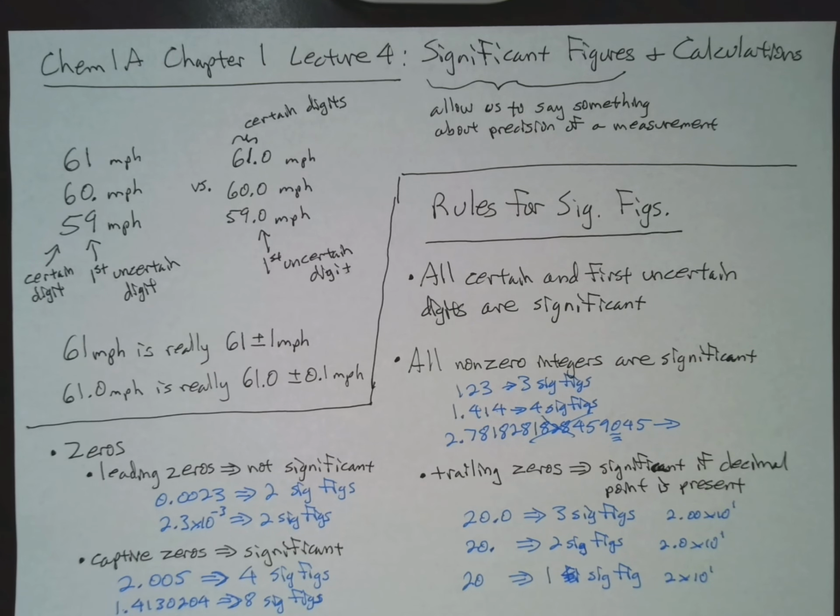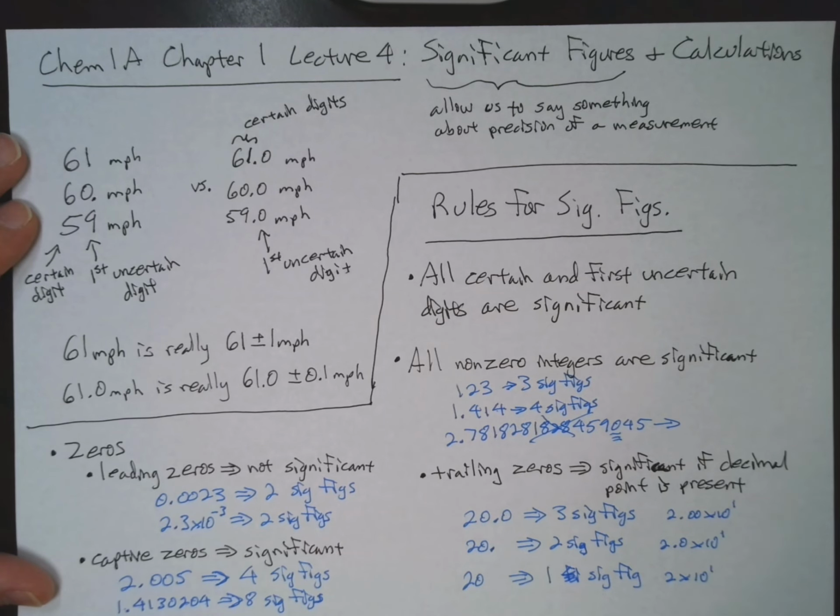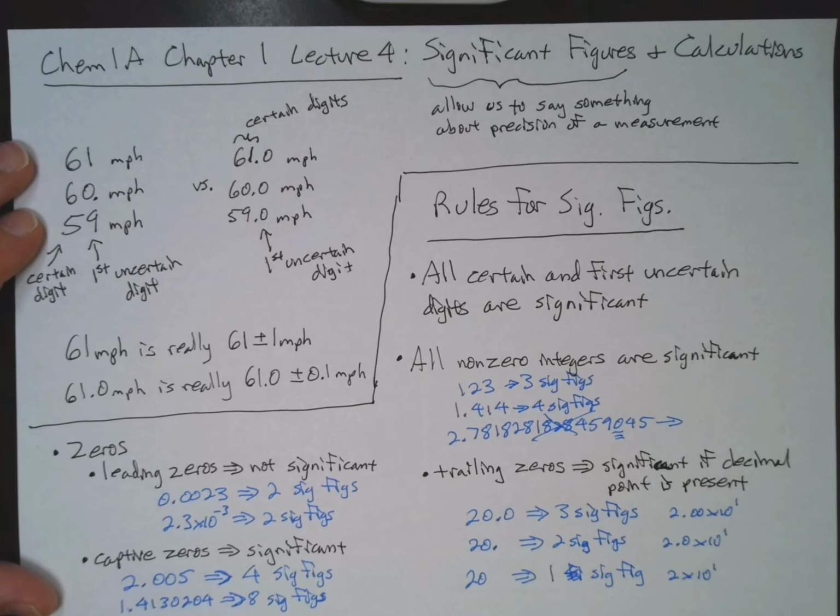Scientific notation is really helpful if you wanted to write, let's say, the number 10,000 to have only 2 sig figs. You really can't write it without using scientific notation. But we can talk about that in class. I think maybe we can discuss that. All right.